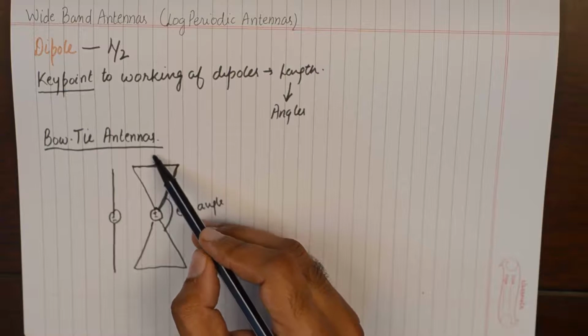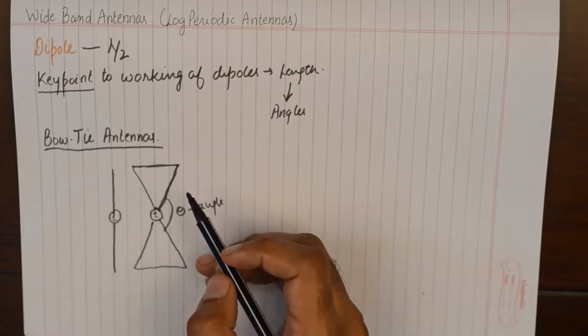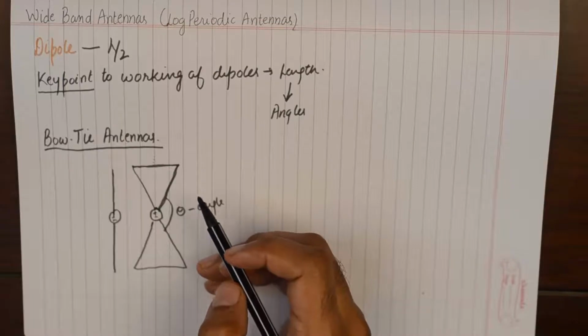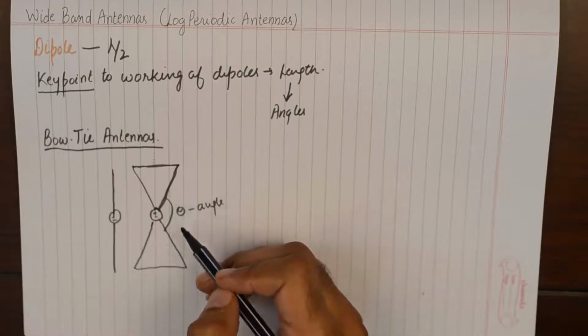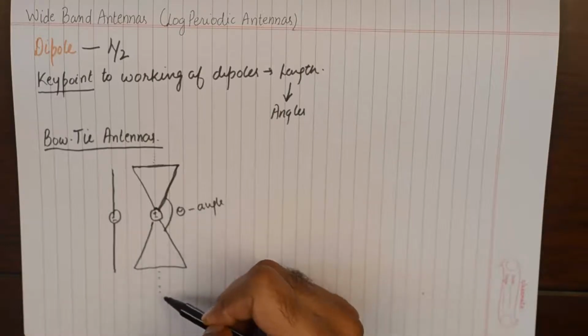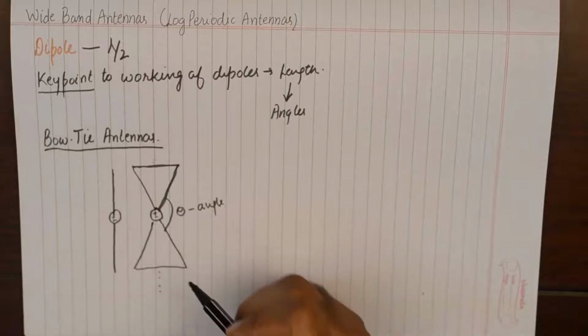And if you keep on increasing the width till infinity, it will result in an antenna which will be theoretically infinite in bandwidth.